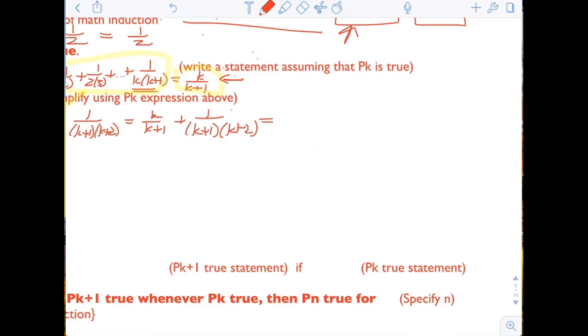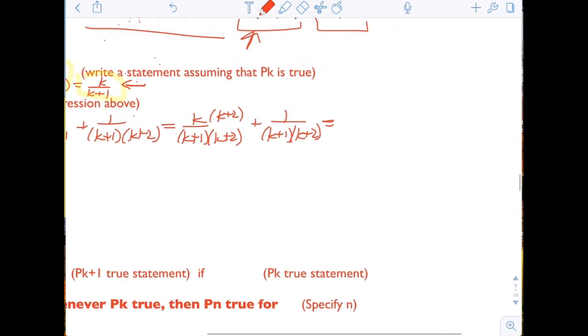First thing we're going to do is make a common denominator. So it would be k over k plus 1 times k plus 2, and we're going to multiply the top also by k plus 2. And then we're going to add it to 1 over k plus 1 times k plus 2.